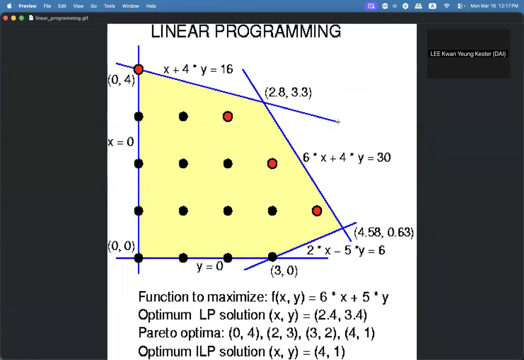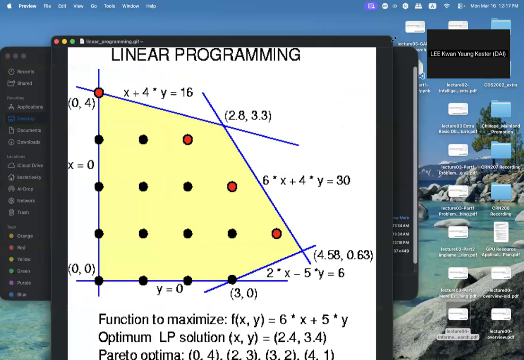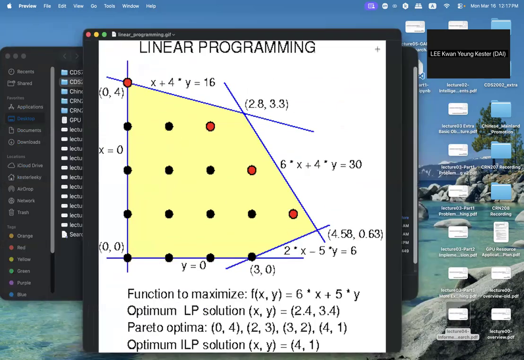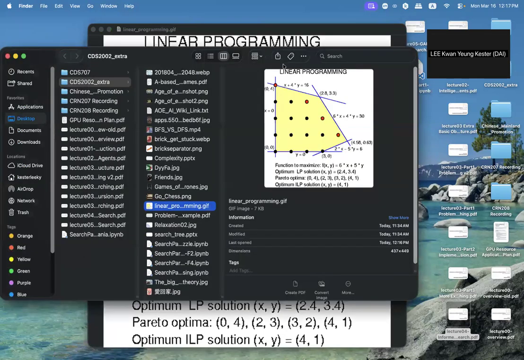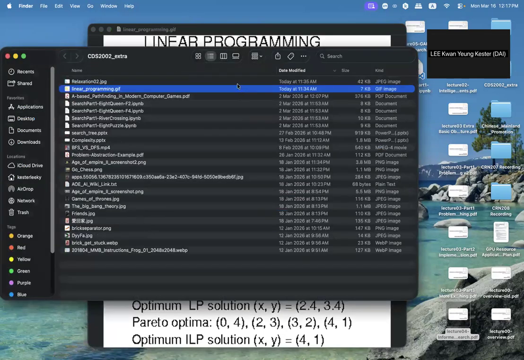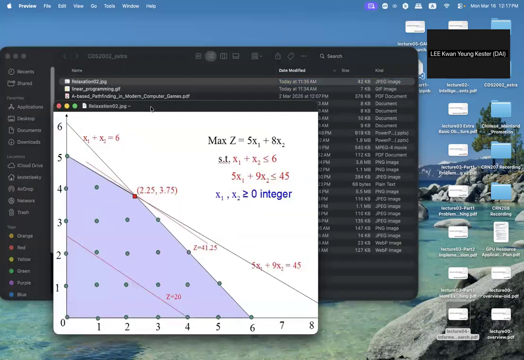In a linear programming problem, we are given some constraints. You are given two variables, x1 and x2, which are larger than or equal to 0 and are integers.